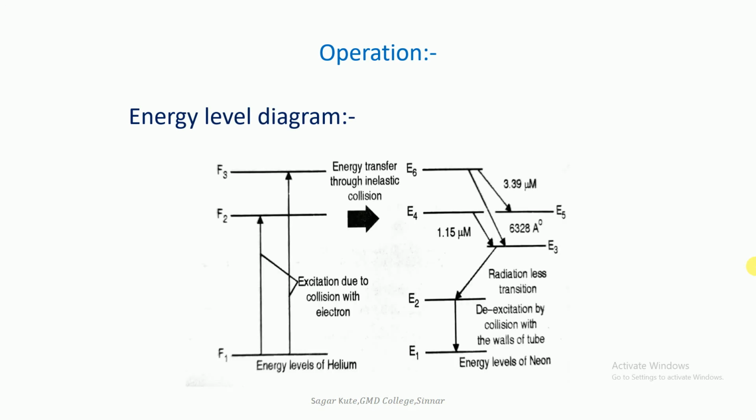A high voltage applied across the gas mixture produces electrical breakdown of the gas into ions and electrons. Separated fast moving free electrons collide with helium and neon atoms and excite them to high energy levels. Helium atoms are more rapidly excited than neon atoms, as they are lighter.